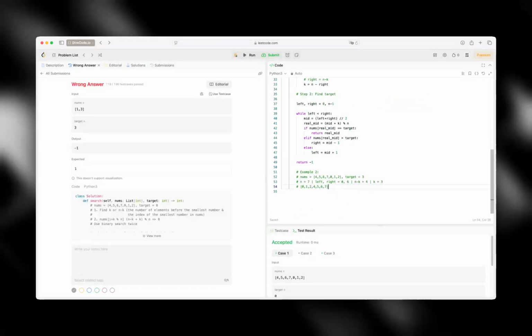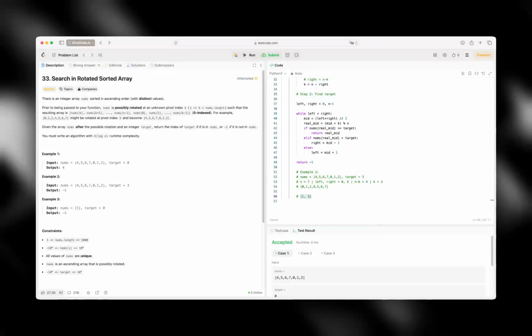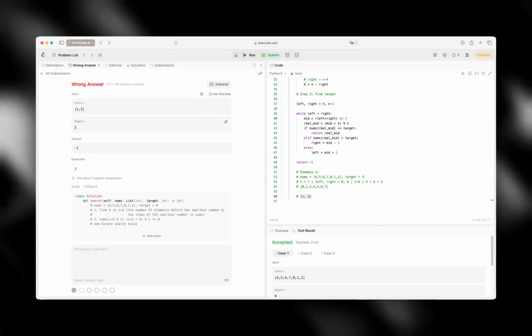Why is it failing? So we have 1, 3 here, and the target was 3, and the output we've returned is -1 rather than 1, right?